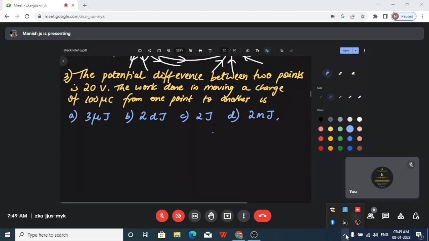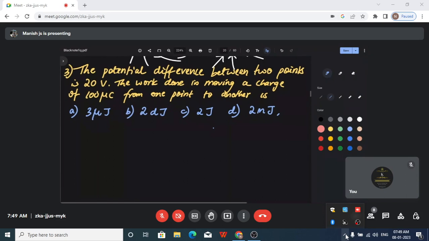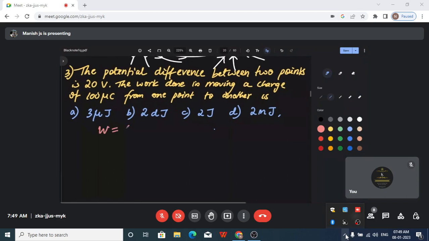Try it. Sir, 2 millijoules. Okay, how did you solve it? Sir, W is equal to QV. Okay, Q is 100 microcoulomb, V is 20 volt, so 20 into 100 into 10 power minus 6.